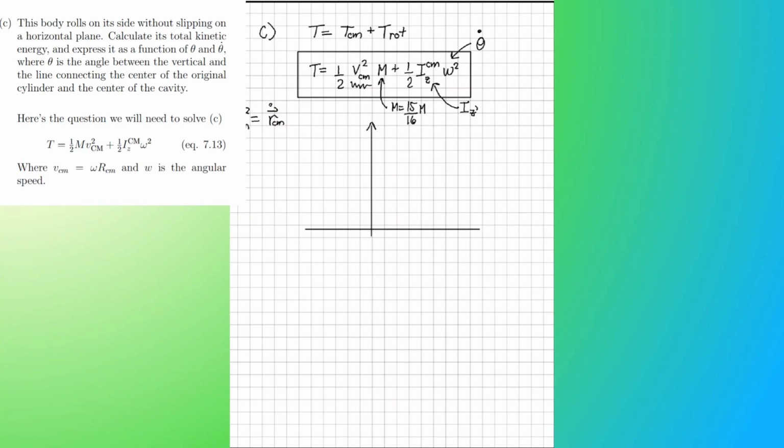So if we draw our system, we have our cylinder on its side. Something like that.